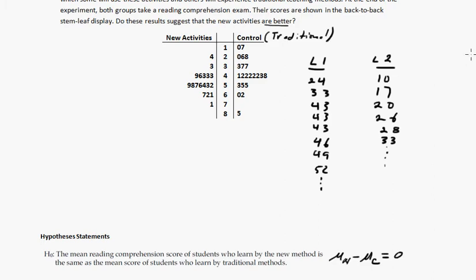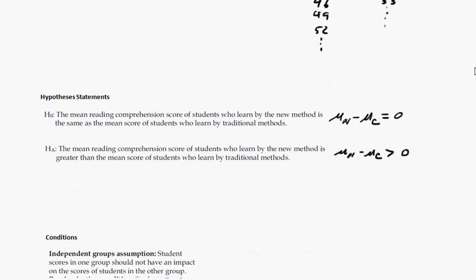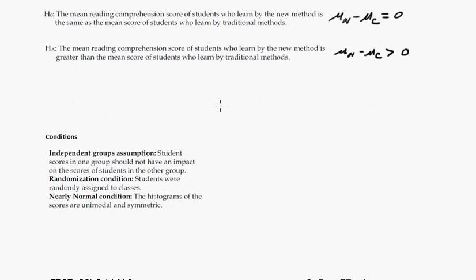Okay, so we want to get these as quickly as possible into L1 and L2, and then you're going to want to say second button, and then you do the stat plot, and you're going to have to do one at a time. So let's check my calculator.